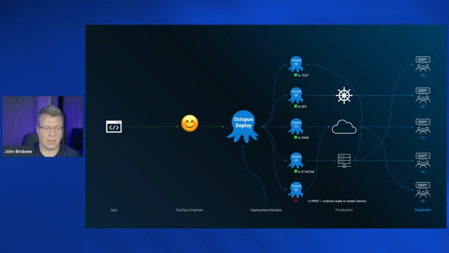We also have different types of environments, so you can have development, staging, production, etc., and have those targeting a variety of different machines. So Octopus Deploy is your universal source of truth when it comes to deployments, and it can integrate with any sort of CI process that you have and make your life a lot more pleasant from that perspective.